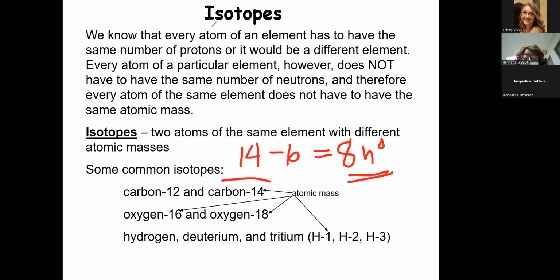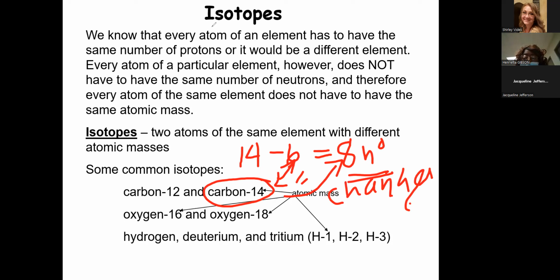The one thing that will never change is the atomic number, but the atomic mass can change, because the number of neutrons can change.